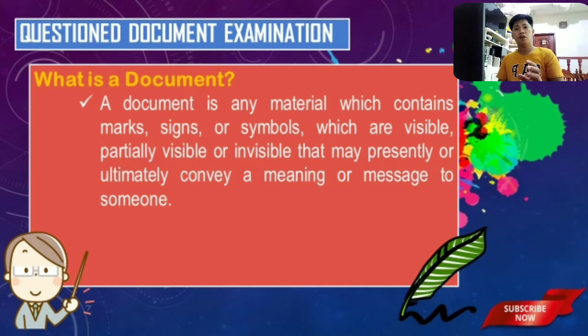So therefore, even if it was written on a wall, on appliances, or on other objects other than paper, it is still considered a document as long as it has writing, it is visible, partially visible or invisible, and it conveys meaning to somebody. So wherever it is written or placed, that will still be considered a document as far as the definition of the word document is concerned. Okay?